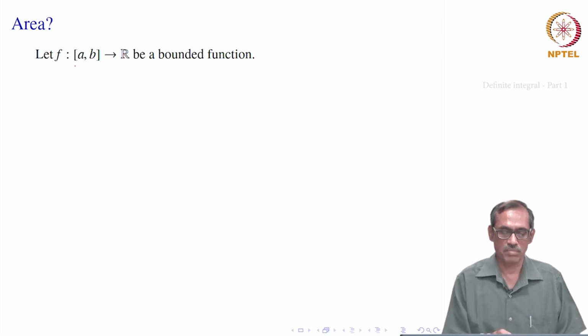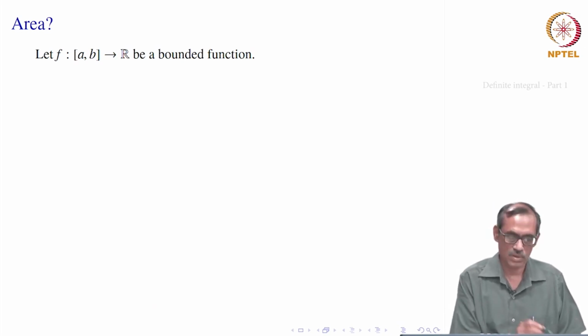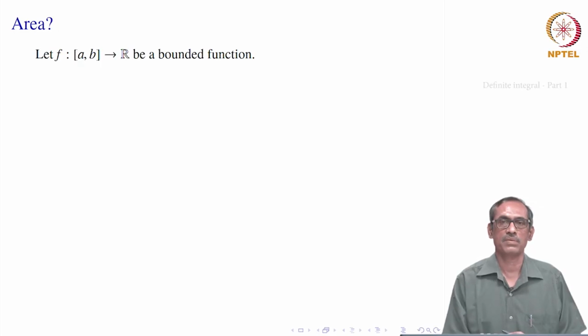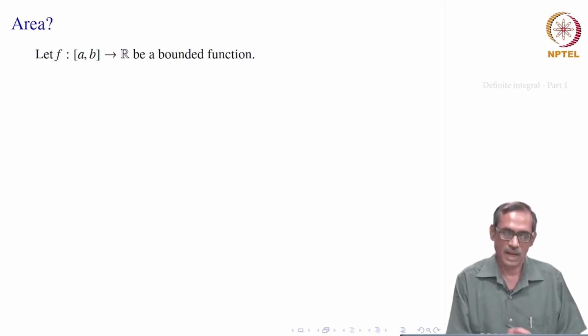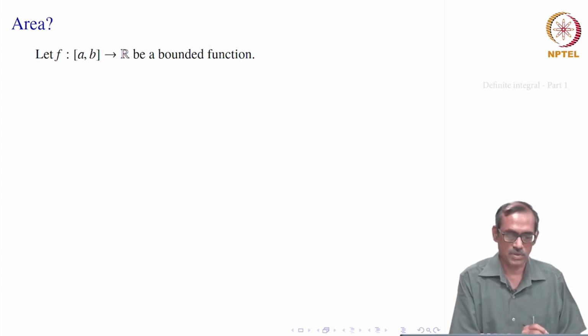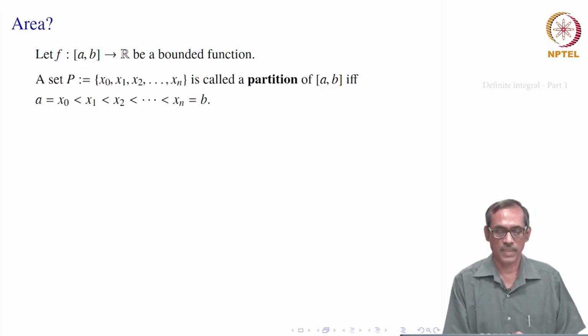So, we assume that small f is a bounded function. For those functions only, we will try to find capital F of x. In fact, we will later restrict this further, because in applications we usually get that kind of functions, and that will be sufficient for our purpose. Okay. So, suppose f from the closed interval a b to R is a bounded function.